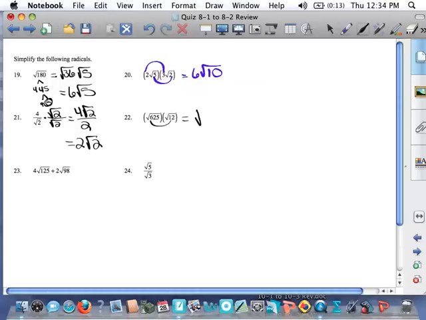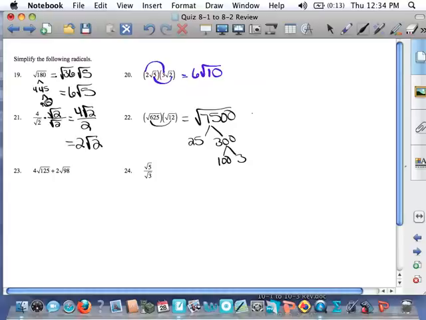So in this case, I have the square root of 7,500. That's not a perfect square, so I know 7,500 is divisible by 25. And that would be 25 and 300. 300 is divisible by 3.